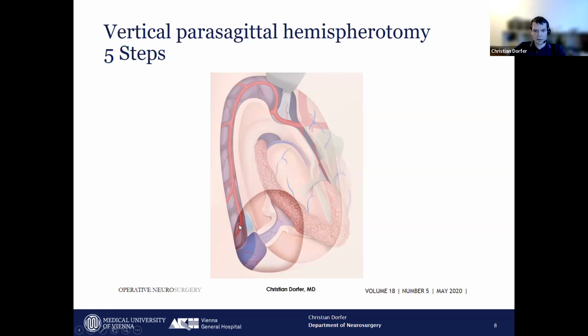Once you have gained access to the ventricle, the first step starts posteriorly. So you need to identify the splenium and disconnect the splenial fibers until you get a view on the vein of Galen complex. Then you disconnect the fornix at this level.